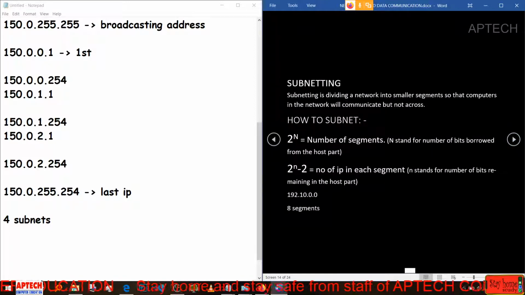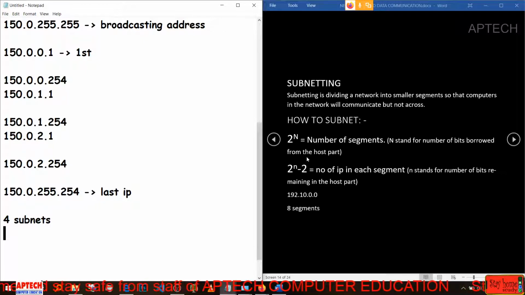The capital N stands for the number of bits borrowed, and the small n is for the number of IPs. So when you get this capital N, you borrow the bits from the IP address.